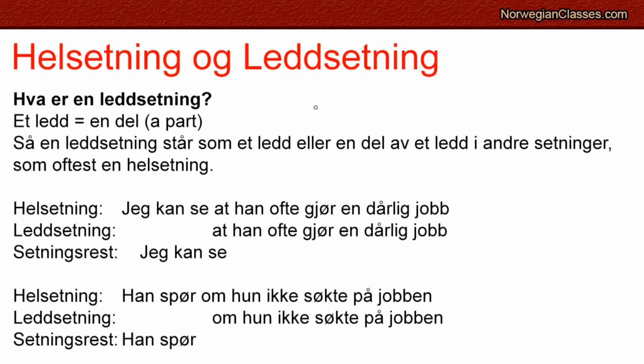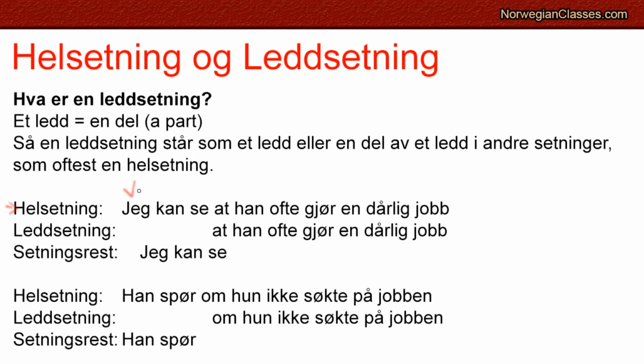You can have subordinate clauses in subordinate clauses, but that's not used so much because it makes difficult phrases. But to show the difference, Helsetning, complete phrase: jeg kan se at han ofte gjør en dårlig jobb.